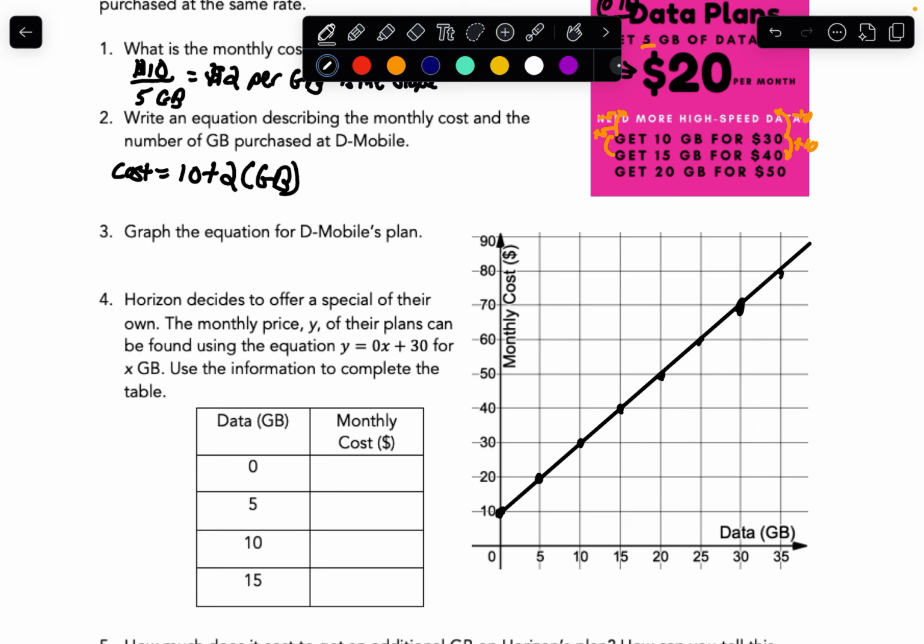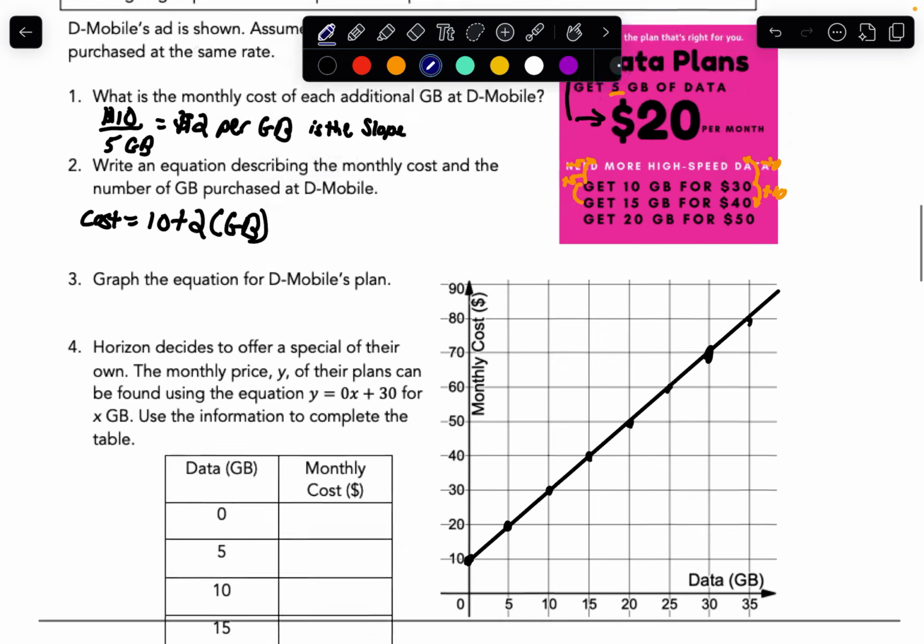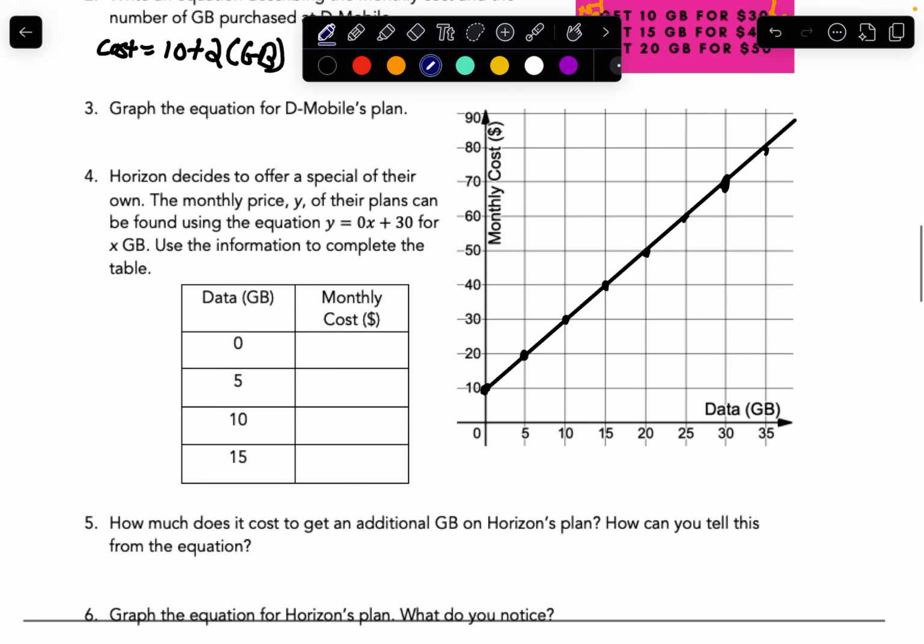All right. Now, here comes Horizon. Horizon decides to compete with D-Mobile and offers their own special plan. The monthly price y of their plan can be found using the equation y equals 0x plus 30 for x gigabytes.